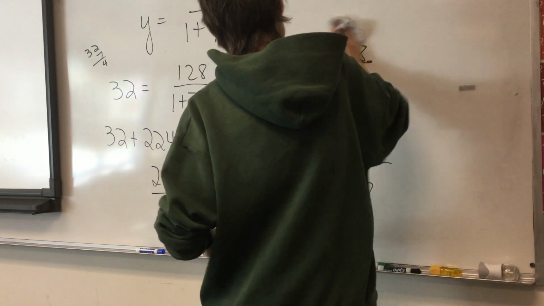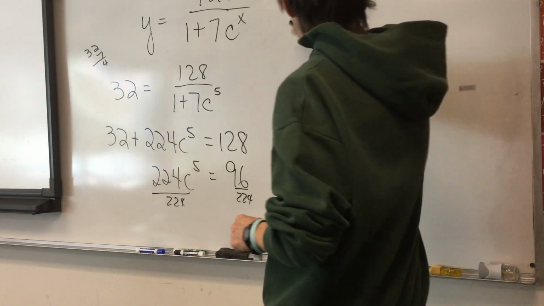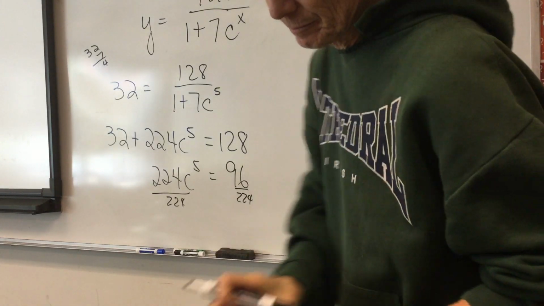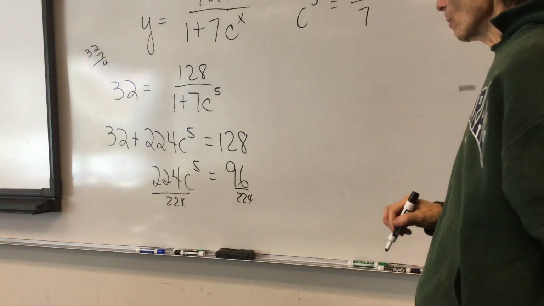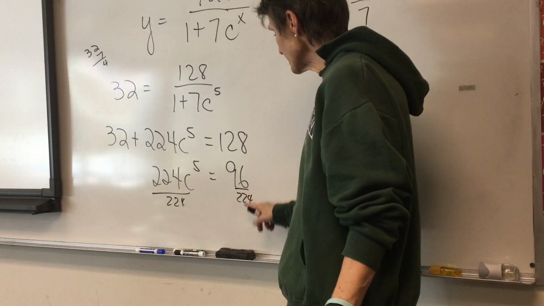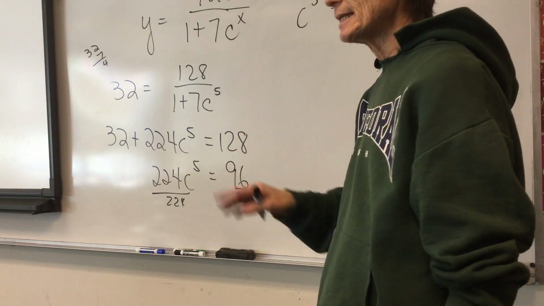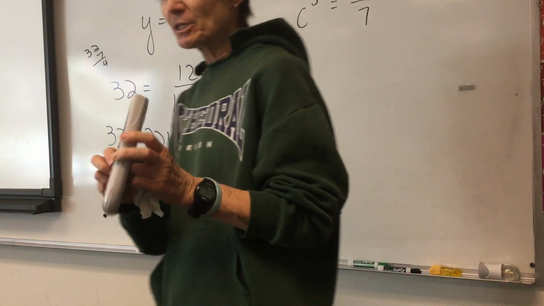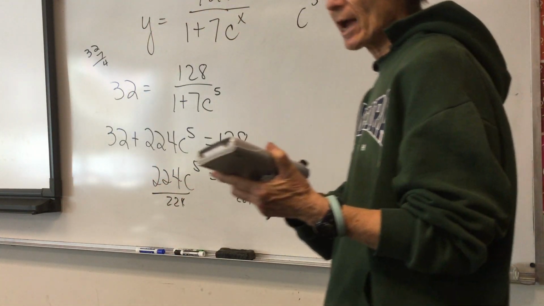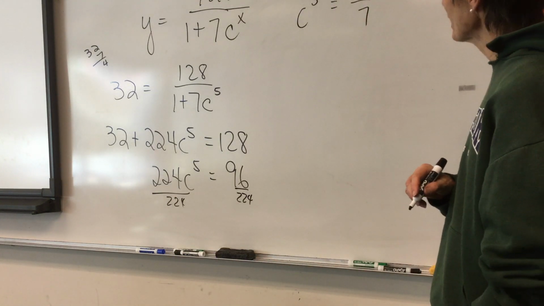That reduces down to 3/7. So c to the 5th equals 3/7. Remember to reduce on your calculator. You can just type in 96 divided by 224. When you hit enter, you'll get a decimal. Then just go back to your math menu where we were before. Very first option's frac. Hit enter a couple times and it'll give you the reduced fraction.